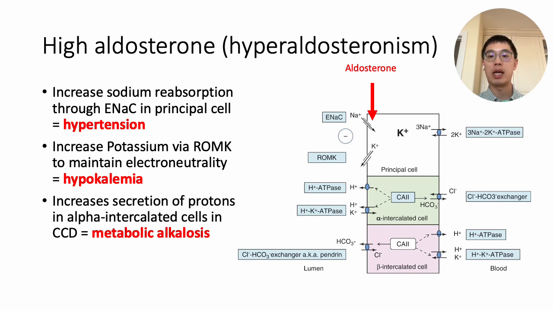Lastly, as we discussed in the acid handling lecture, protons are partially excreted through reabsorption of potassium through the proton-potassium ATPase in the alpha intercalated cell. This secretion of protons can lead to a metabolic alkalosis. So if you remember the pattern of hypertension, hypokalemia, and metabolic alkalosis, then you can quickly narrow your differential diagnosis to something related to aldosterone or its pathway.